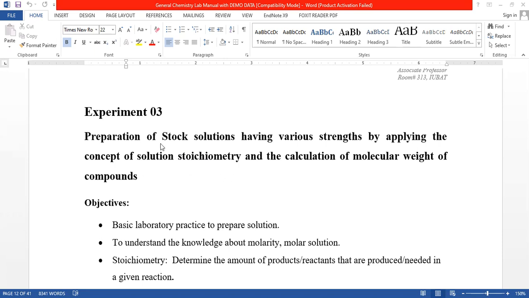Stoichiometry is nothing but this: when we consider the components which are going to participate in the chemical reaction, if we measure them, if we mention the amount of those reactants, then it is called the stoichiometric relationship.